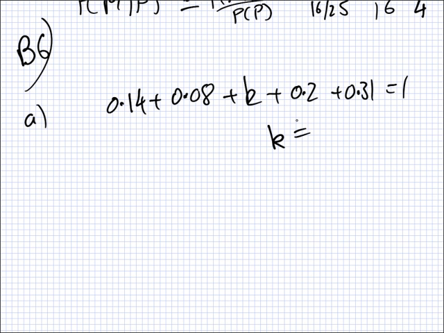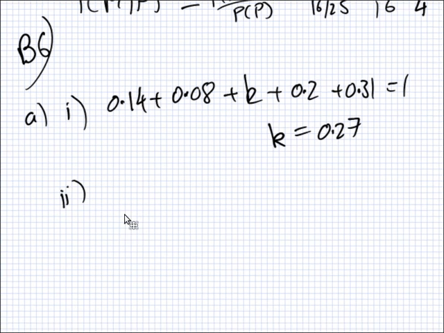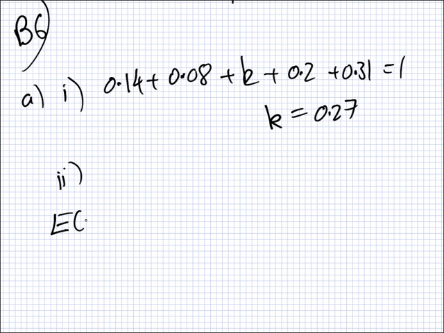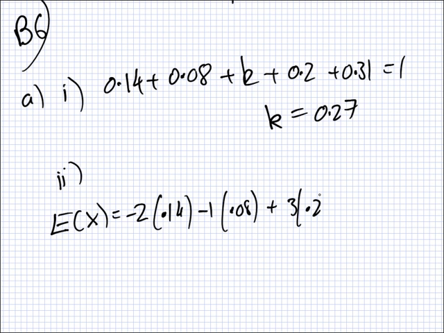Does anyone have that typed out? 0.27. Expected value of x would be minus 2 times 0.14, minus 1 times 0.08, plus 3 times 0.2, plus 5 times 0.31. So what's that?